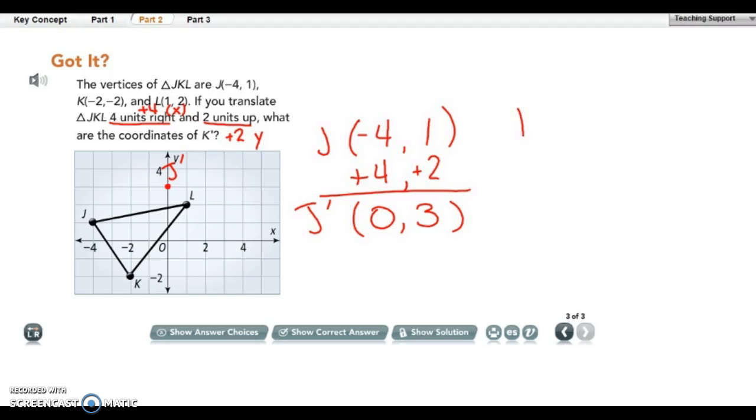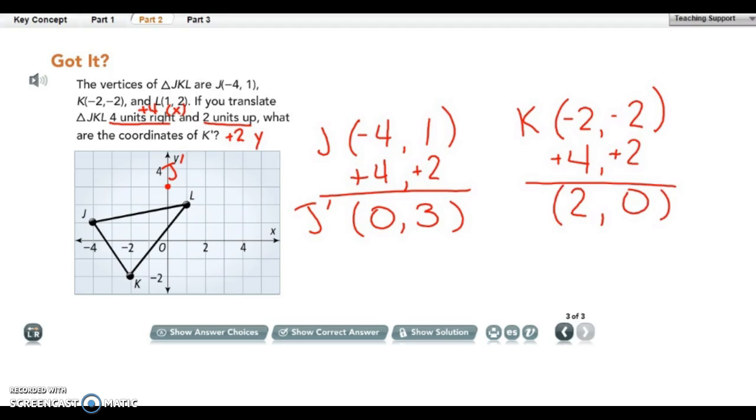Okay, for k, we're going to start at -2, -2. We're going to move our x 4 units and our y 2 units up. So when we combine those, we're going to have 2, 0. So that is going to be k prime. So that means I'm going to go over 2 and up 0.